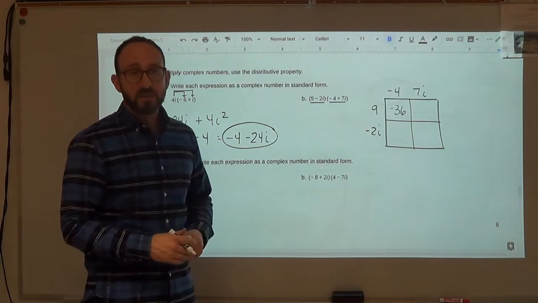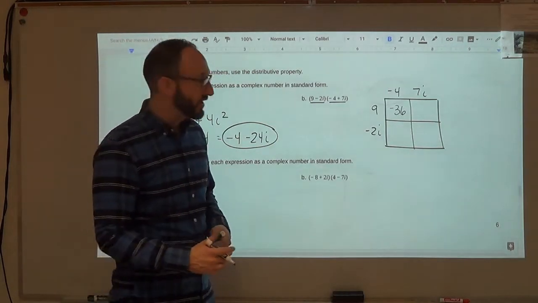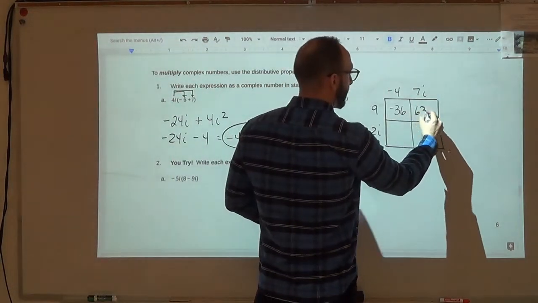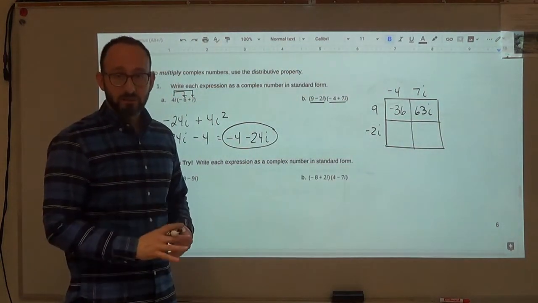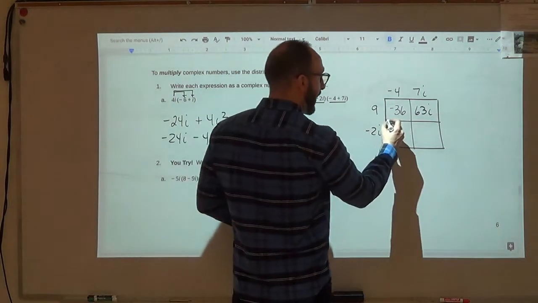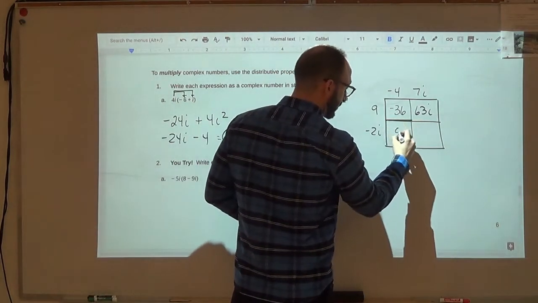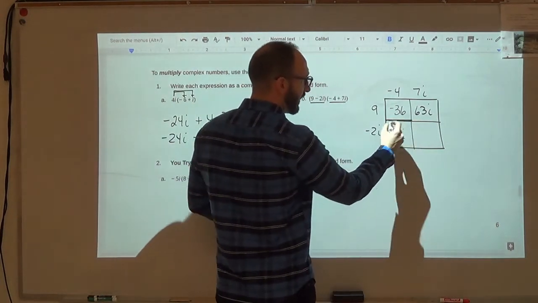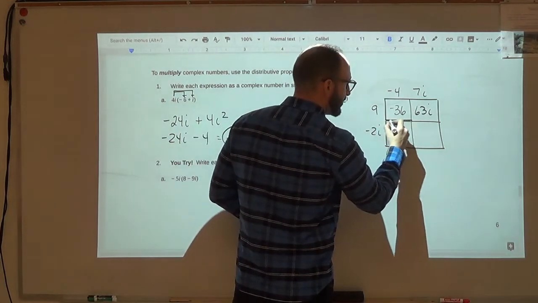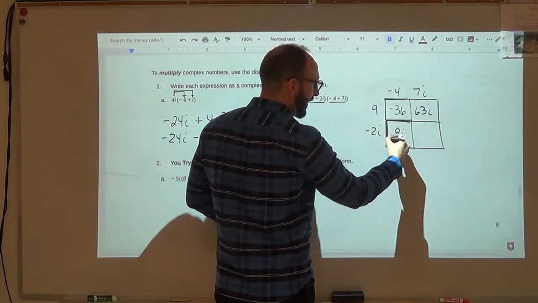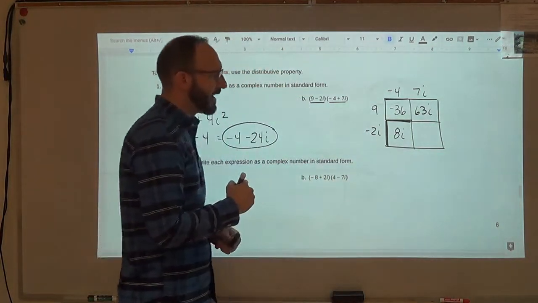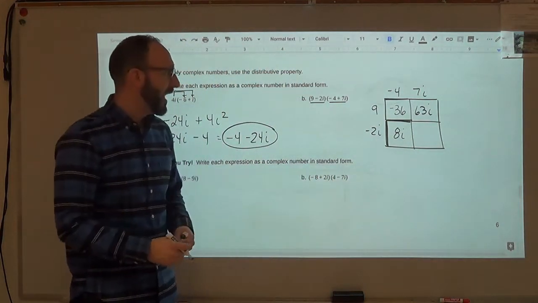If we multiply those together, we get 63i. Very good. Bottom left, 8i. This dimension here is negative 4, the dimension of this rectangle is negative 2i, so multiplying those together, we get positive 8i.